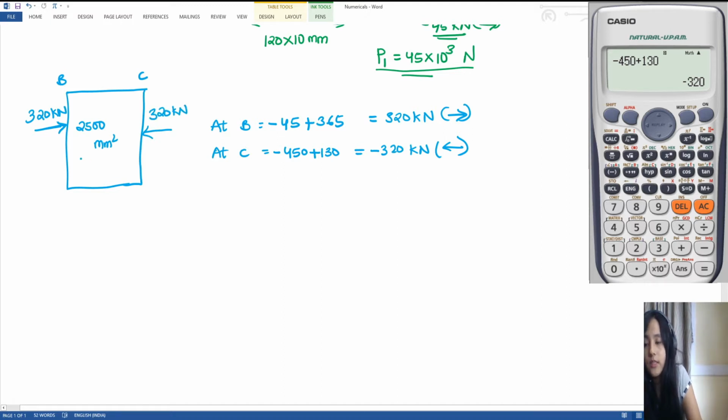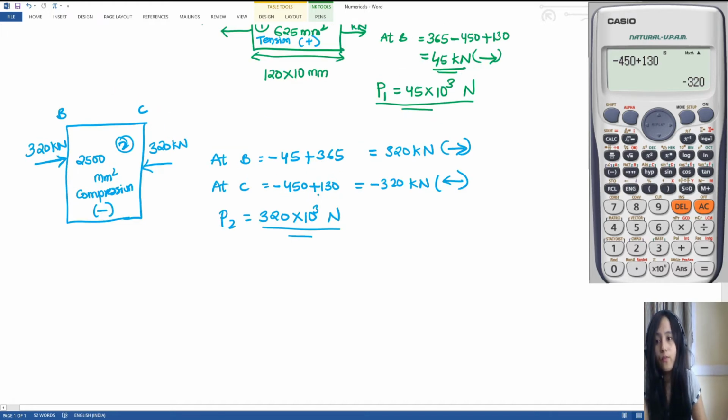Now this body is under compression, right? And that means the length is going to decrease. Now what is P2 force for this second section? The force for this section is coming equal to 320 into 10 raised to power 3 Newton, right? It is 320 kilonewton, so I'm converting it into Newton. So we got it for BC also.